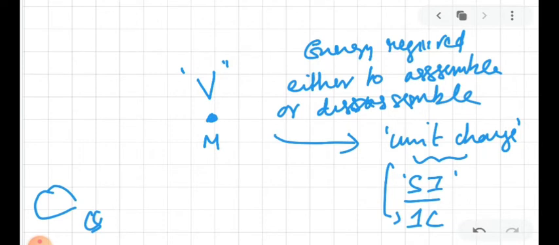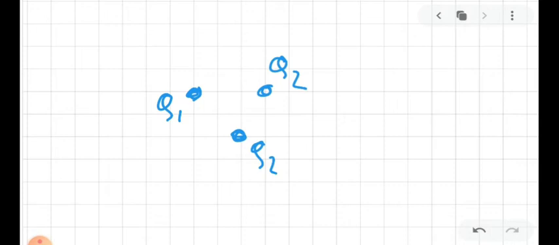So here, assembling and disassembling means, see, if you have three charges like this, and they're already bound to each other, then what does disassembling mean? Suppose this was q1, this was q2, and this was q3.